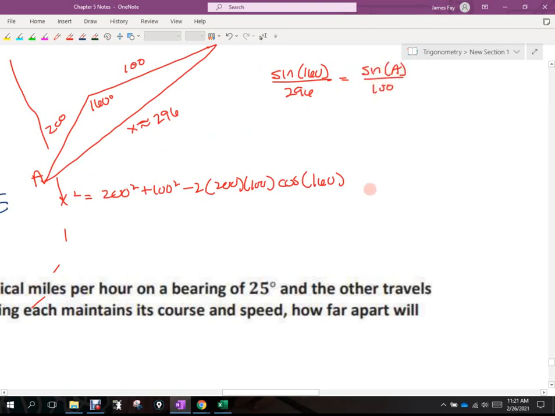Does that make sense? Cross multiply: 100 sine of 160 is equal to 296 sine of A. So then A eventually, we're going to do this all at once, it'll be 100 sine of 160 divided by 296, and then we'll inverse that.